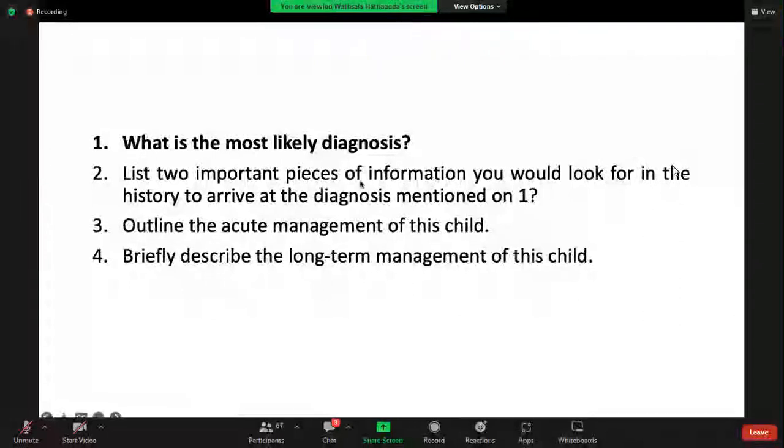The question is, list two important pieces of information for you to arrive at the diagnosis. So we are asking about how to diagnose rheumatic carditis here. What else do you need to ask in the history? Basically, we are asking about the diagnostic criteria. Madam, preceding sore throat.